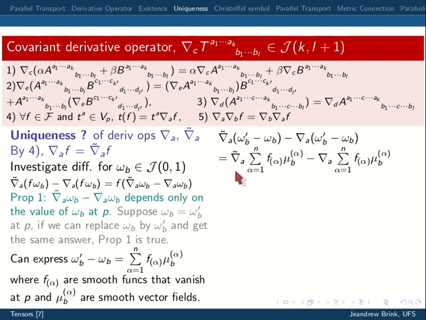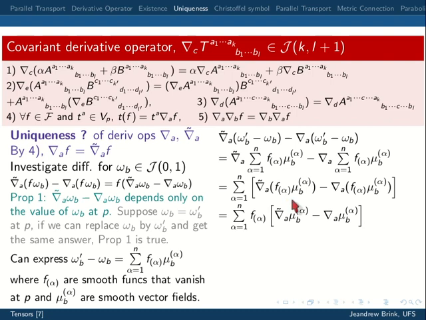The way we do that is we simply apply the gradient to the sum and apply the gradient to the same sum. So we write out this definition of W prime B minus WB in here. We then put the gradient operator inside because the sum is finite. And we use Leibniz's rule because these are smooth functions and these are just 0-1 tensors.